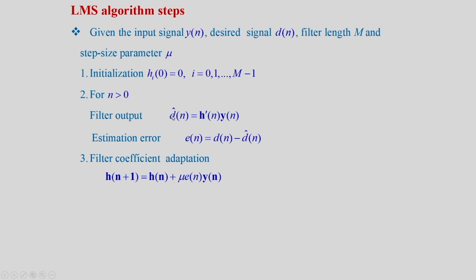The filter output is d hat n, that is equal to h transpose n into yn. So, yn is passed through the adaptive filter, and that output is d hat n. The estimation error En is equal to dn minus d hat n. Now, the filter coefficient will be adapted as h sub n plus 1 is equal to hn plus mu En into the yn vector.